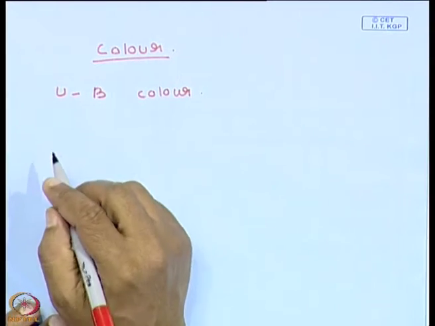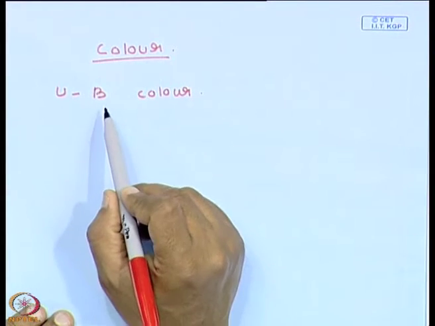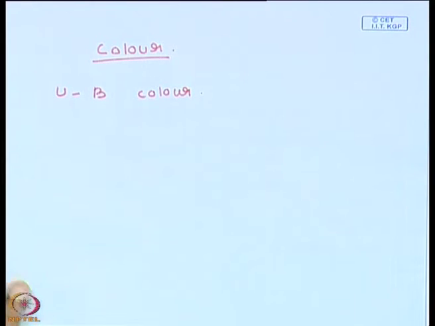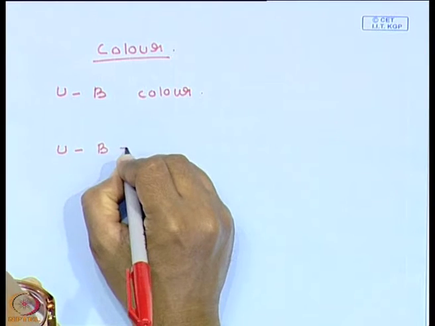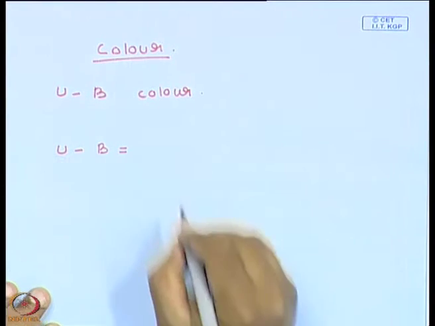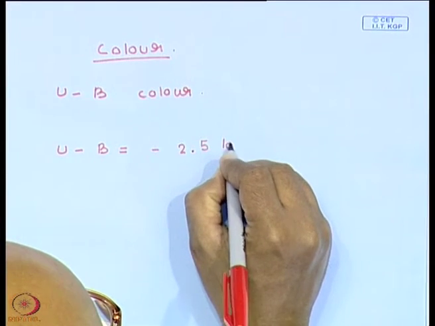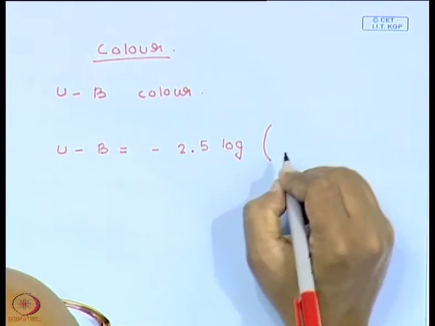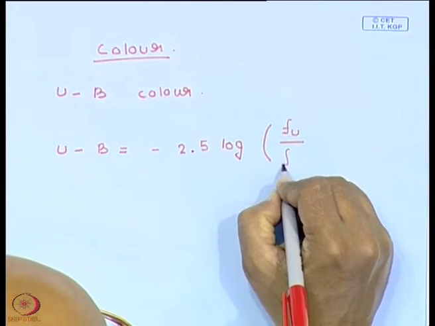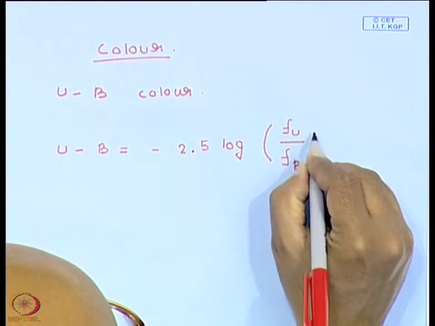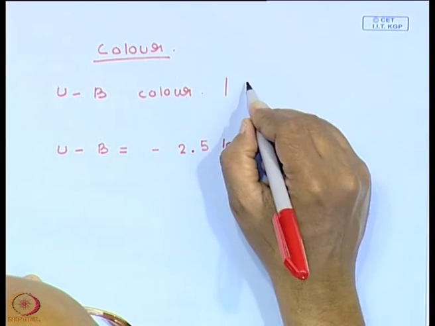It is the difference in the apparent magnitude in the U band and the B band. So, U minus B is equal to minus 2.5 log the flux in the U band divided by the flux in the B band. Similarly, you could also have a B minus V color.